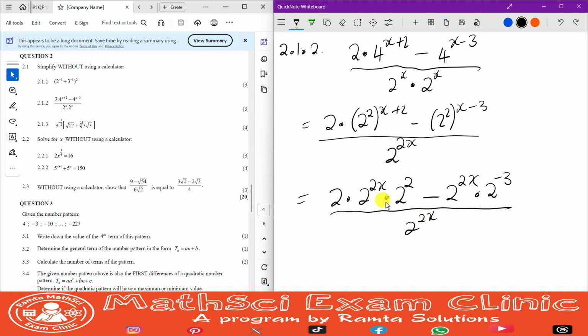By the way, there's a mistake here. 2 times 2 is 4, so this is supposed to be 4.